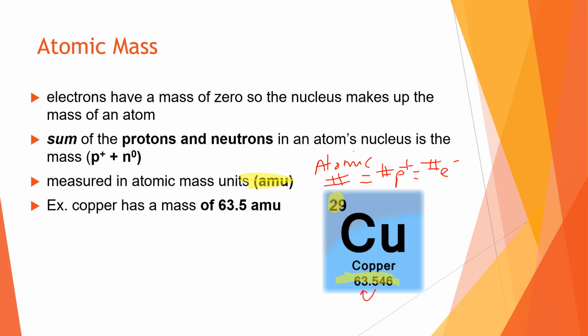So 63.5 is really a mass of 64. Okay, so that bottom number represents the mass. And that mass, remember, is really the number of protons plus the number of neutrons.